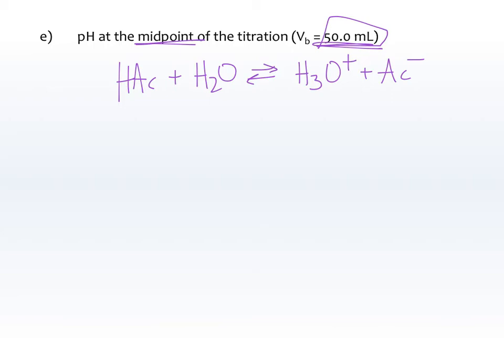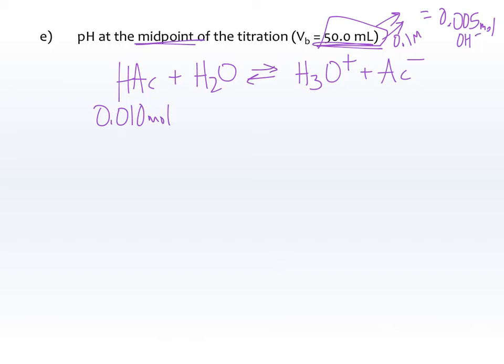And now we're going to set it up like we did before with the number of moles, 0.01 moles of HAC. And initially we don't have any AC minus, but since we're at the midpoint, we're going to add 50 milliliters of the base, 50 milliliters of the 0.1 molar NaOH equals 0.005 moles of OH minus added.